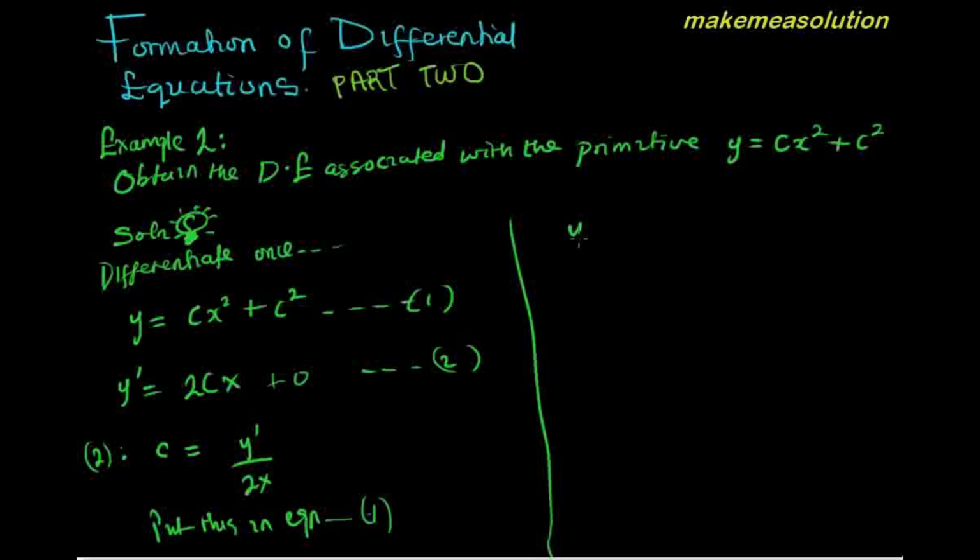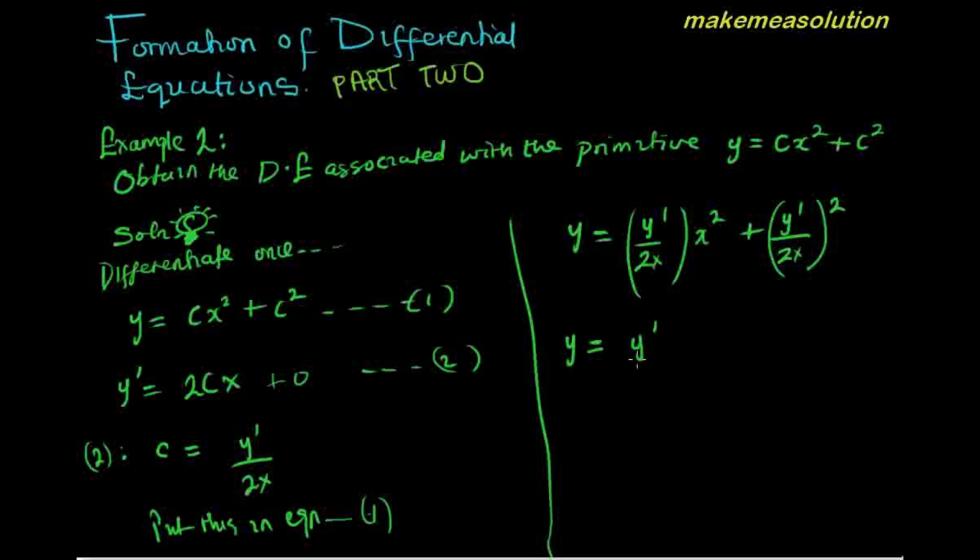So we get y is equal to y prime over 2x times x squared plus y prime over 2x all squared, and we're going to get y is equal to y prime x squared over 2x plus y prime all squared over 4x squared.